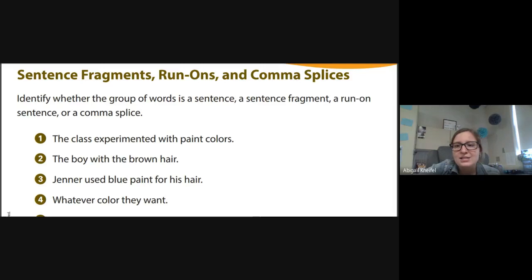All right. So this one is a regular sentence. The class is the subject and experimented is the predicate. So number one is just a regular sentence, okay?